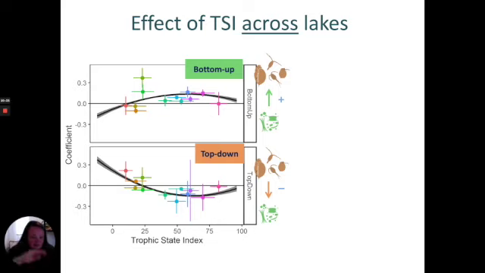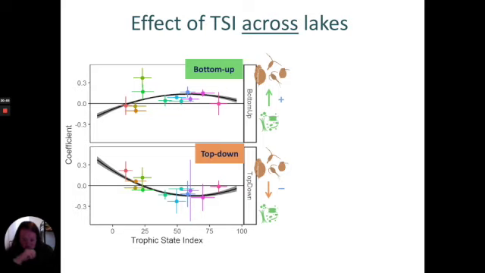We find this curved relationship where at mid trophic state index, you have positive bottom-up effects and negative top-down effects, which we might expect under these typical conditions that we've been talking about. But at really low nutrients, so these really oligotrophic lakes, we see that the top-down effects are actually positive. And again, that means that zooplankton are promoting rather than suppressing chlorophyll growth.